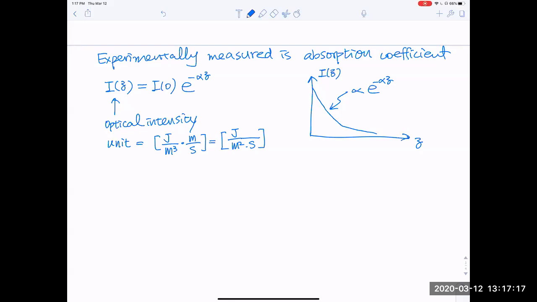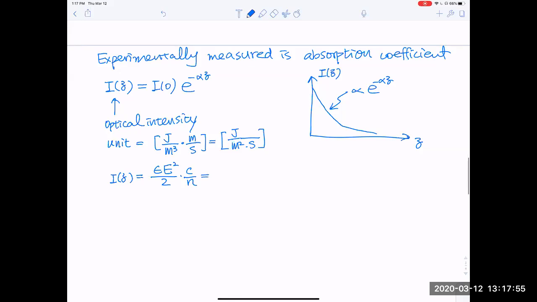Based on this physical understanding, we can write what I of Z is. I of Z is the energy intensity, which is 1/2 epsilon E squared, where E is the optical field, times the speed of light in the media, C over n, where n is the refractive index.